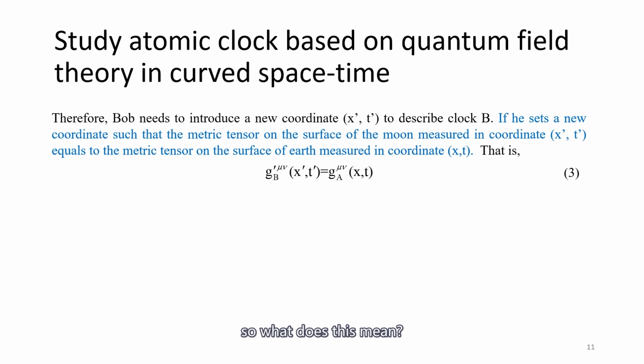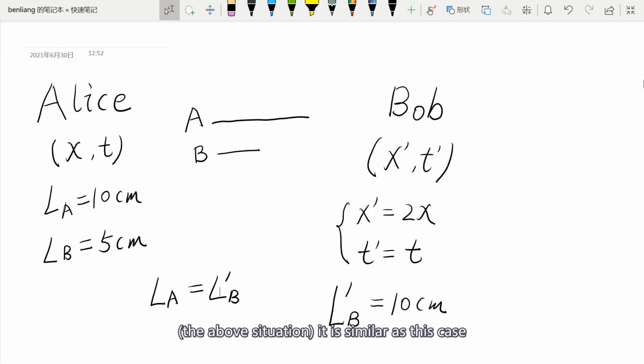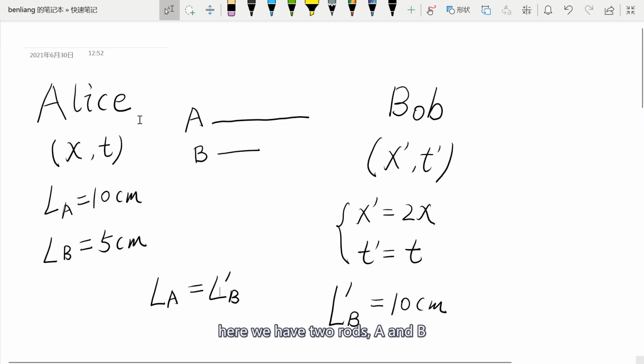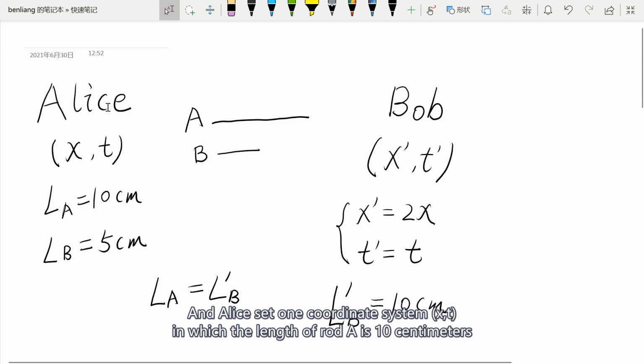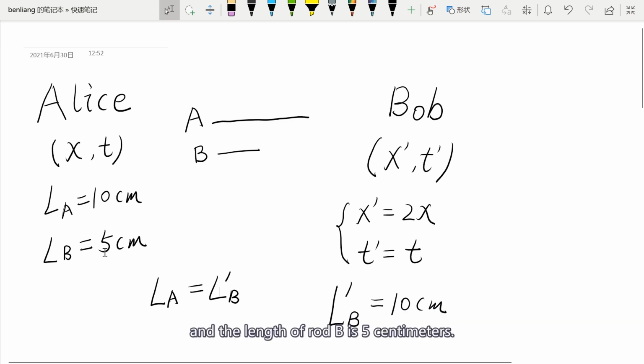So what does this mean? This is similar to this case. Here we have two rods, A and B, and Alice sets one coordinate system xt, in which the length of rod A equals 10 centimeters and the length of rod B is 5 centimeters.